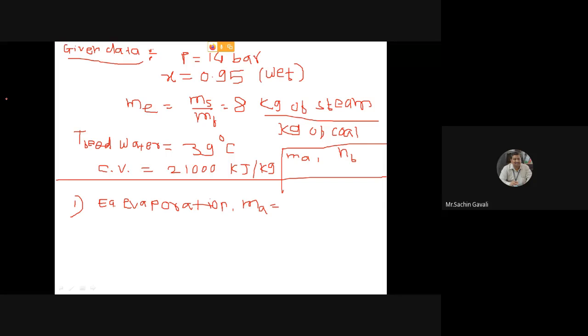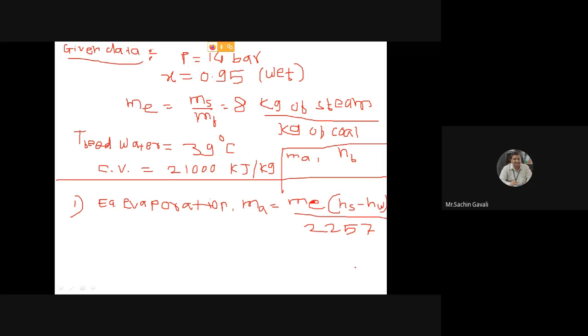ME is equal to MS into bracket HS minus HW, divided by 2257, the latent heat of water at 100 degrees Celsius.